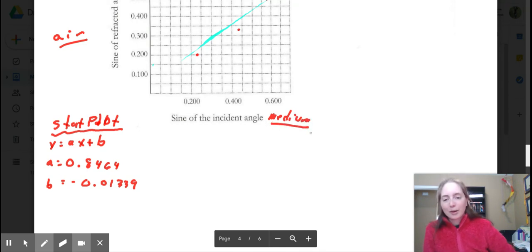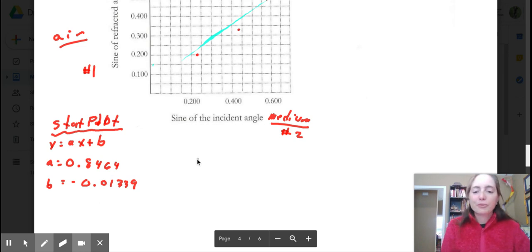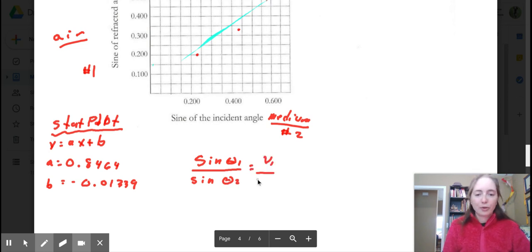We're going to make air number 1, and we're going to make this medium number 2. Remember from your data sheet, the sine of theta 1 over the sine of theta 2 is going to equal my V1 over my V2.